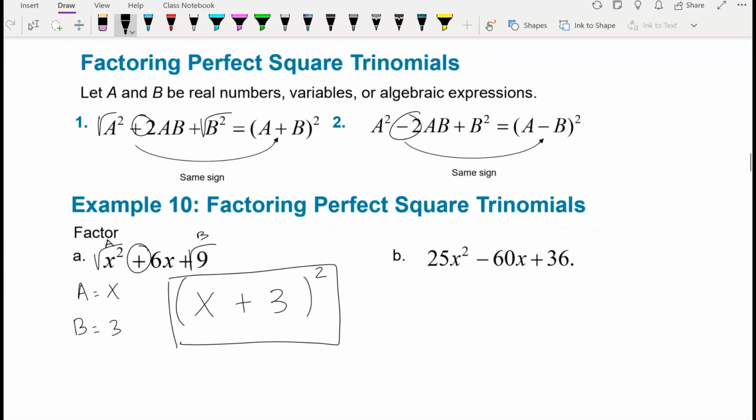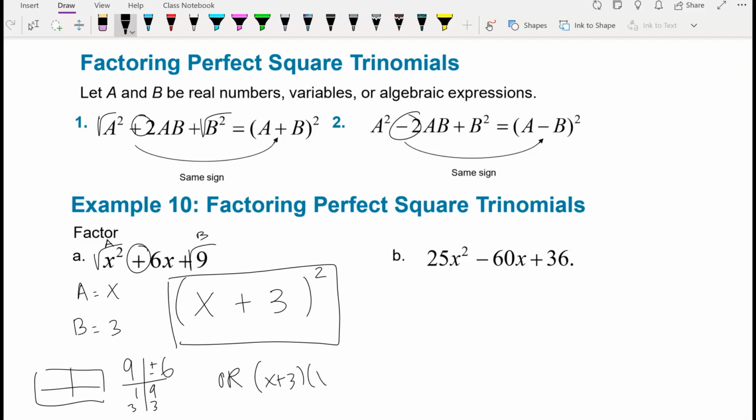And you could normally factor these, like you could do your box and your t-chart. So 9, add, subtract to 6. So 1 and 9, 3 and 3. See how 3 plus 3 would make 6. So it's just the same. It's the same as x plus 3, x plus 3. Okay?